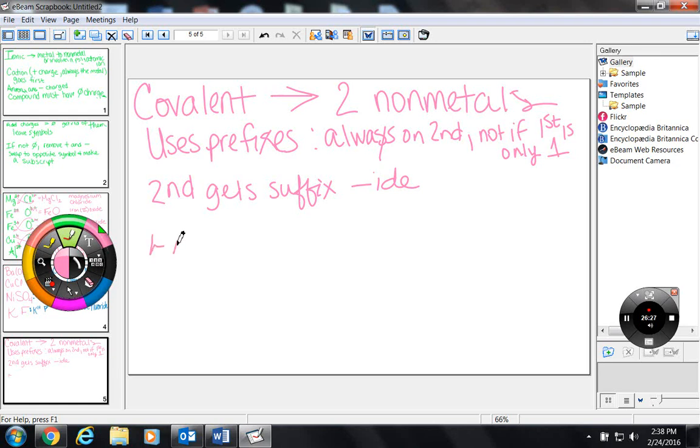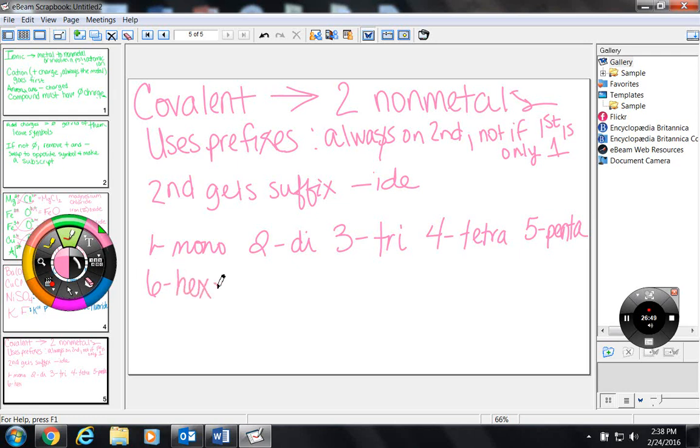Is water dihydrogen monoxide? It is. Three is tri. Four is tetra. Five is penta. 6 is hexa. 7 is hepta.